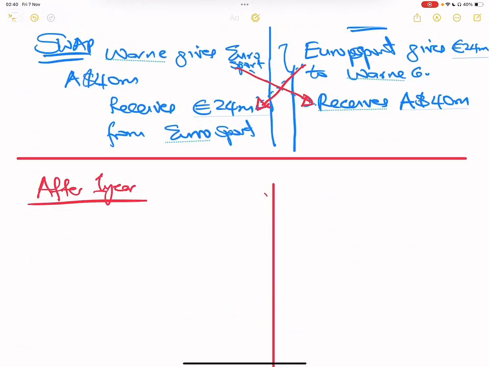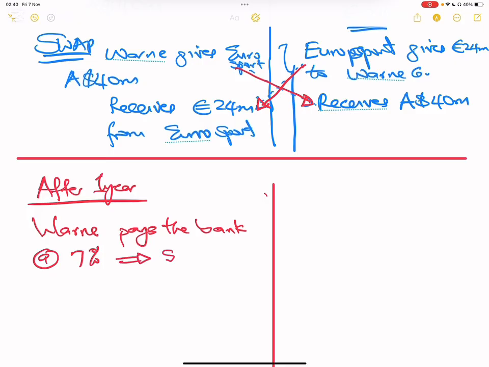So which means after 1 year, Mr. One pays his bank at 7%. And that will be equivalent to just Australian dollars of 2.8 million.